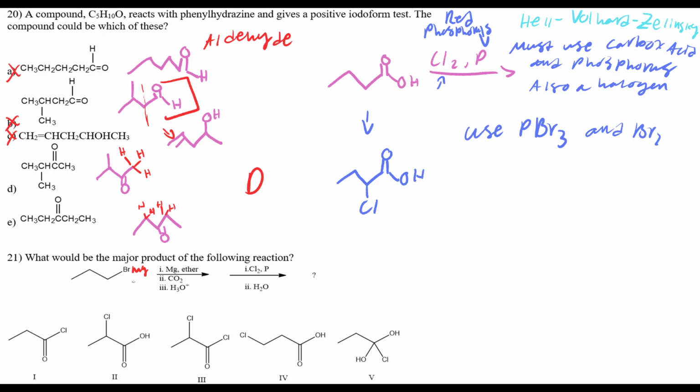So let's pretend that we're in the lab. We're like, okay, well, I want a carboxylic acid, but I want to make that a really strong acid. How do I do that? Well, first I make a Grignard reagent, and I'm going to treat it with carbon dioxide and acid. All that does is make a carboxylic acid. That's all it does.